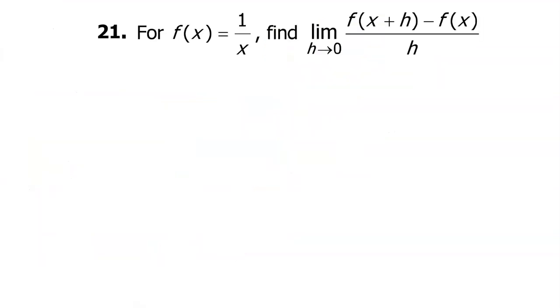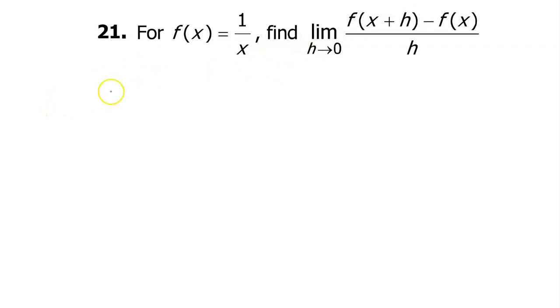Here's the last problem. It will be a little bit different because there are more variables. So we are not going to get a numerical answer, we're going to get an expression. So f of x is 1 over x. F at x plus h means that we need to take x plus h and plug it in right there.